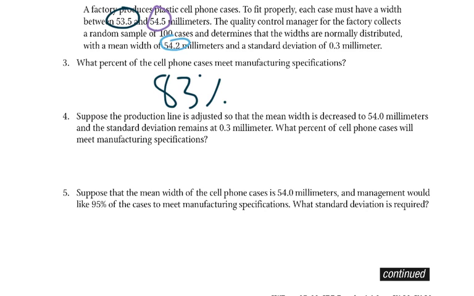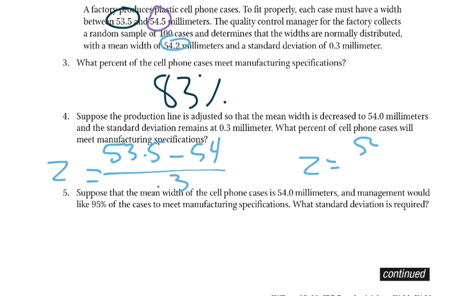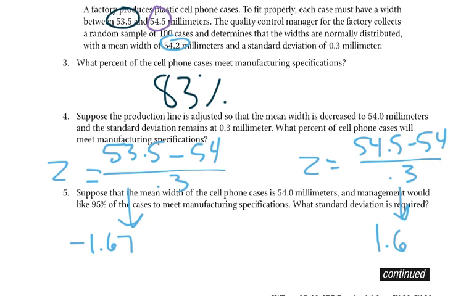So we find the z-scores: 53.5 minus 54 over 0.3, and then 54.5 minus 54 over 0.3. 53.5 minus 54 divided by 0.3 gives us negative 1.67 when we round. 54.5 minus 54 divided by 0.3 gives us positive 1.67.